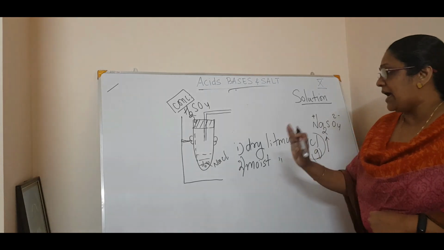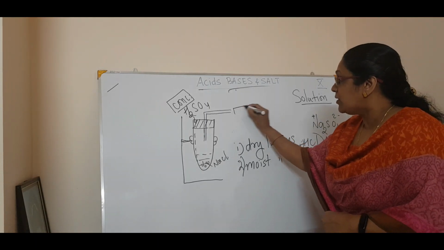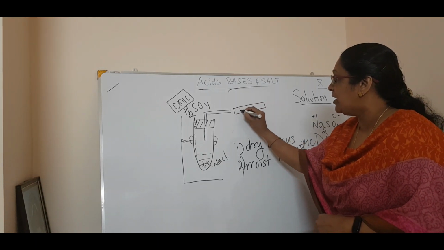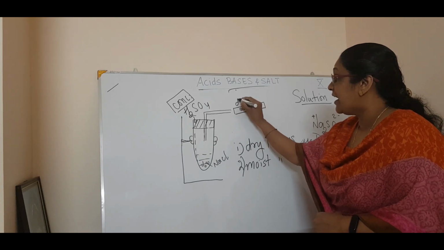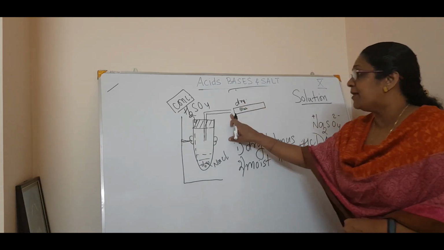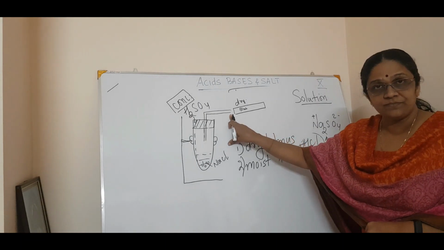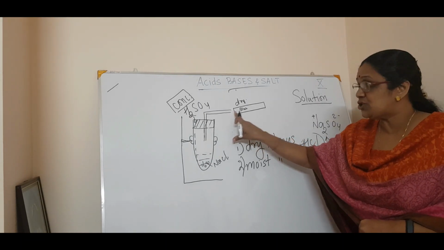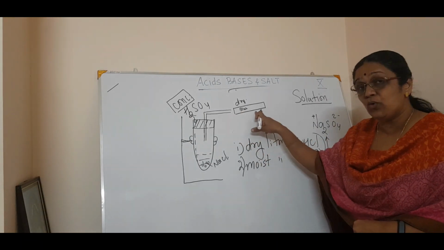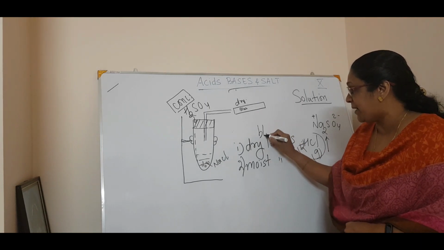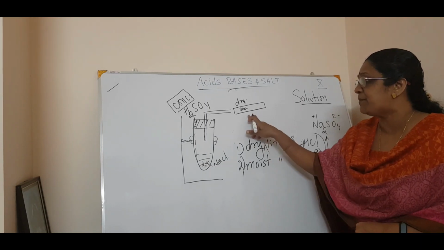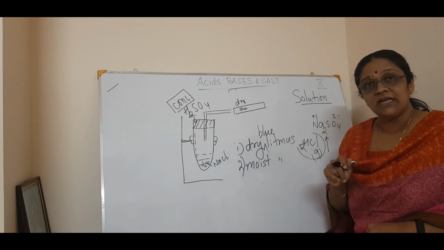Now what happens is, first I show the dry blue litmus paper at the mouth of this delivery tube. Listen, I showed the dry blue litmus paper at the mouth of the delivery tube.